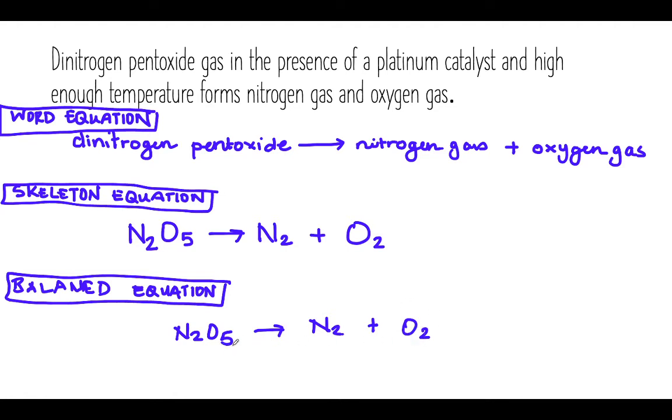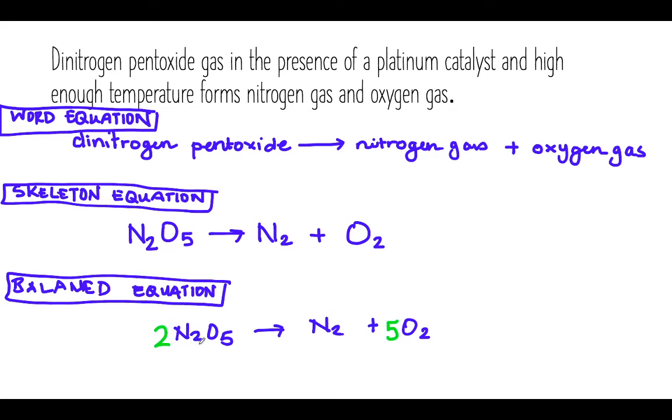And when I have a situation where I've got 2 very different numbers, what I can do is multiply them by each other. So put in the coefficient here of 2 and put in the coefficient here of 5. So if I take a look at the number of oxygens, I've got 10 oxygens here and 10 oxygens here.